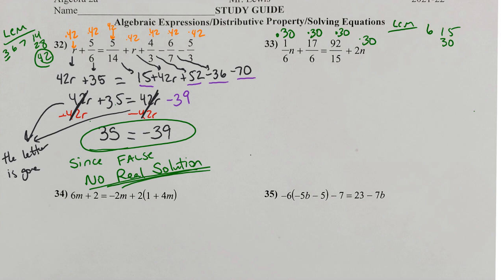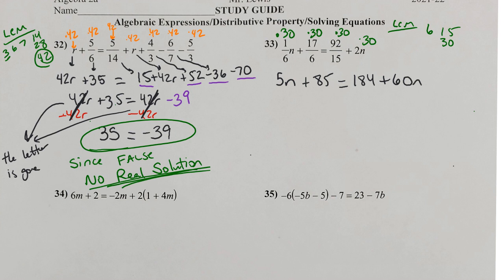So I end up with 1/6 times 30 is 5n plus 85 equals 184 plus 60n.